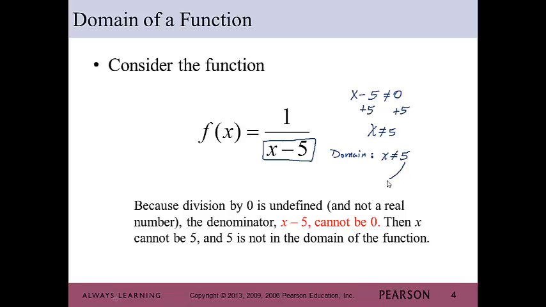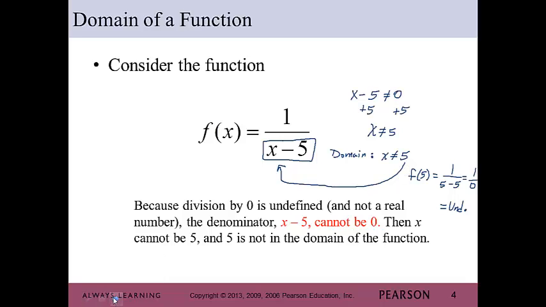Okay? Because if you take 5 and plug it back in for x, you will end up with 1 divided by 5 minus 5, which is 1 divided by 0, which is undefined. Therefore, 5 cannot be in your domain.